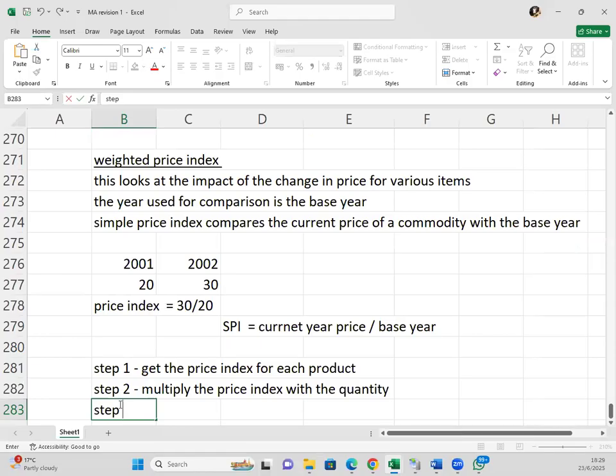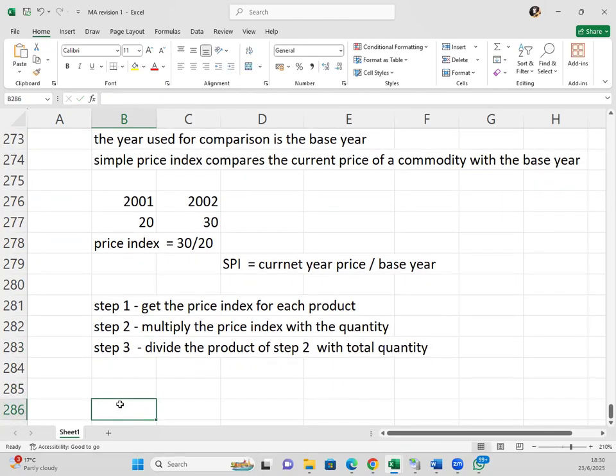Then step 3, divide the product of the price index, or you can say divide the product of step 2, with the total quantity. We're going to do the steps together.